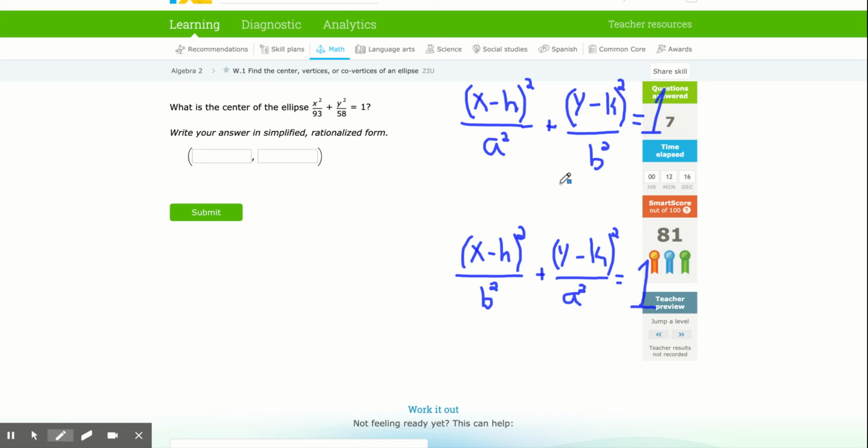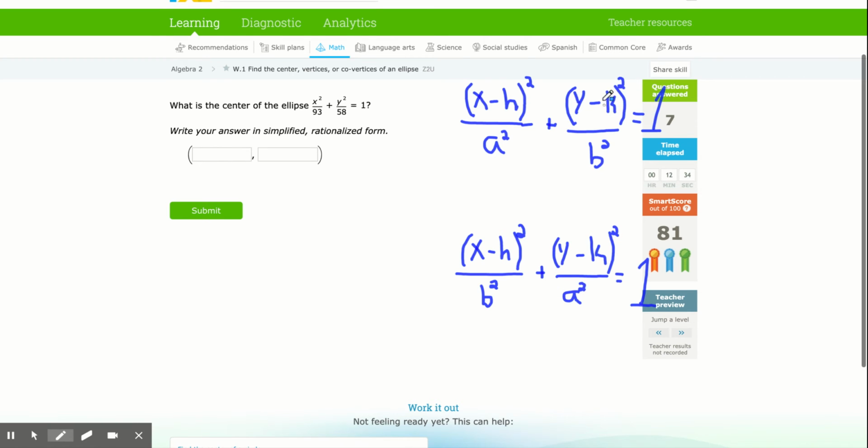Then the x minus the h, which is the center's position, squared, is over what's called either a squared or b squared. And then we have the y minus the vertical position of the center of the ellipse, in parentheses squared, over b squared or a squared.